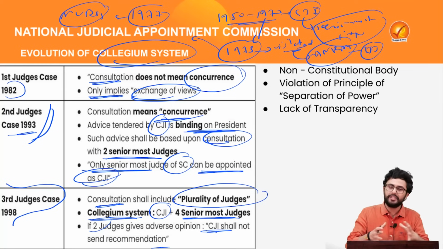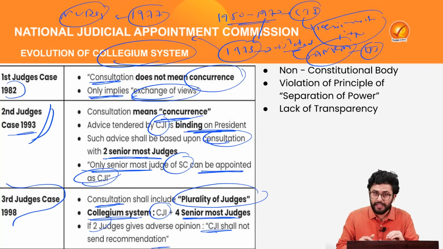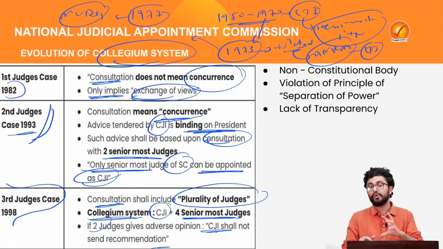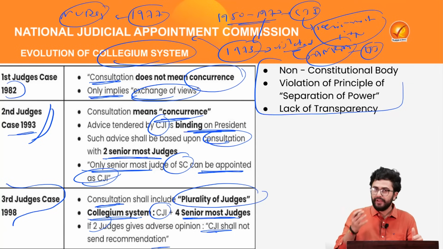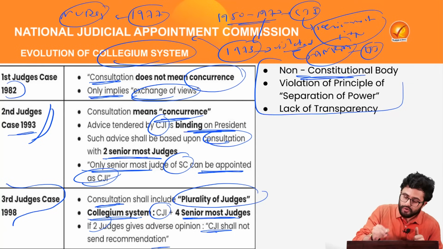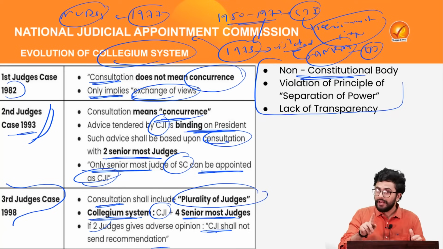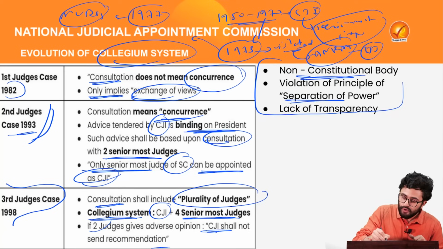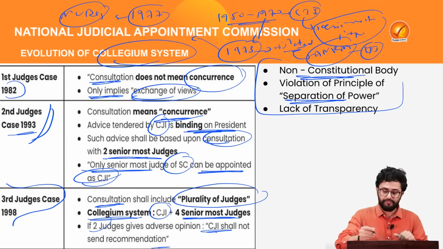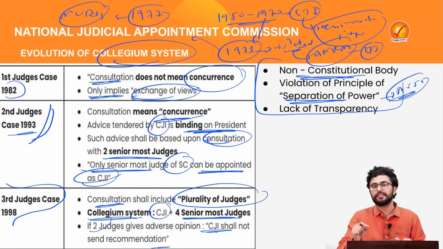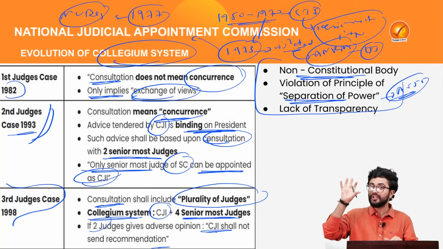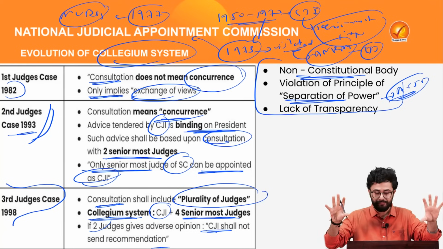However, this collegium system, which has been devised by the Supreme Court to ensure its judicial independence, has also come under a lot of criticism, where it is said to be a non-constitutional body, as well as leading to the violation of the principle of separation of powers as envisaged under Article 50, which lays down that there shall be separation between judiciary and executive.